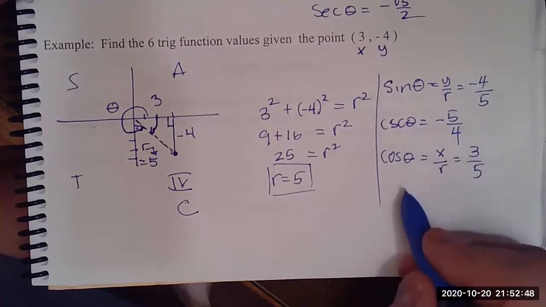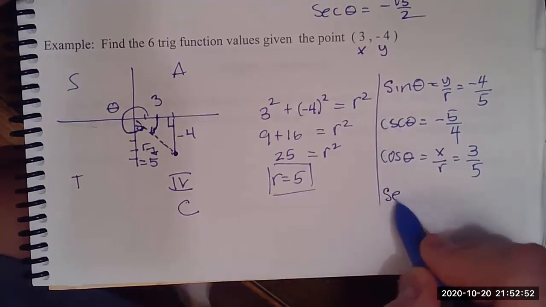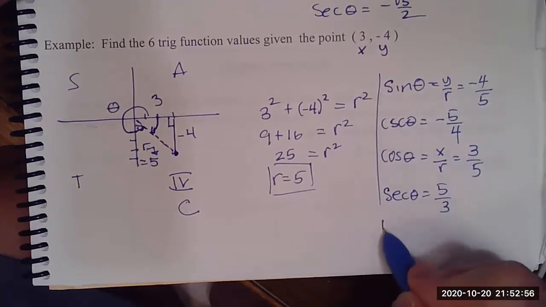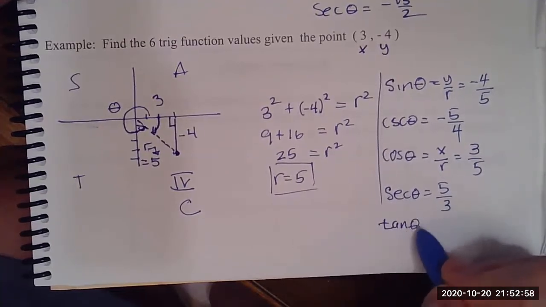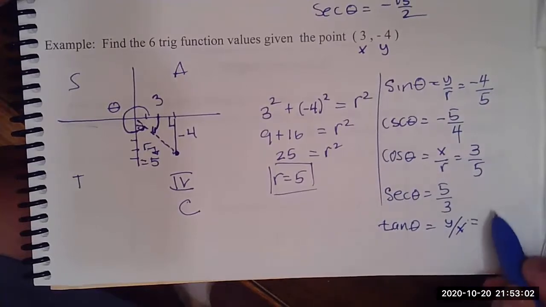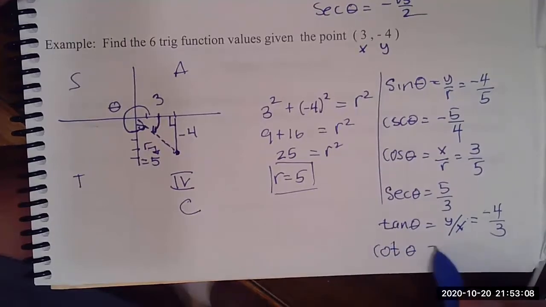If cosine's positive, so should its reciprocal, and that reciprocal is secant of theta, which is 5/3. Tangent of theta is equal to y over x, which would be -4/3. And finally, cotangent of theta is equal to -3/4.